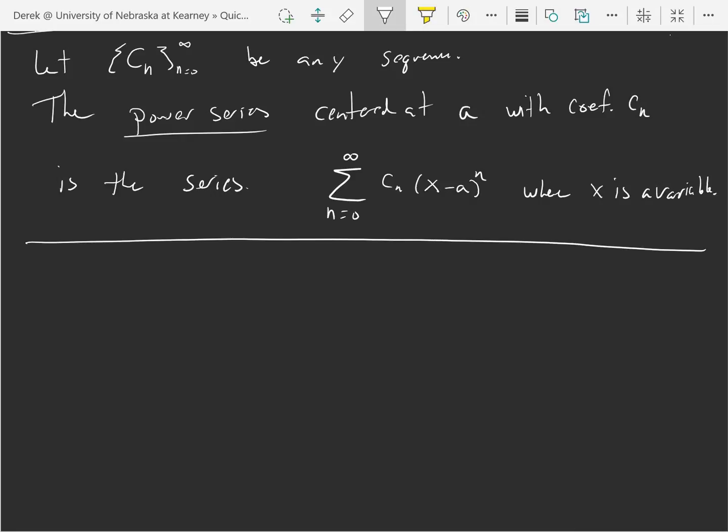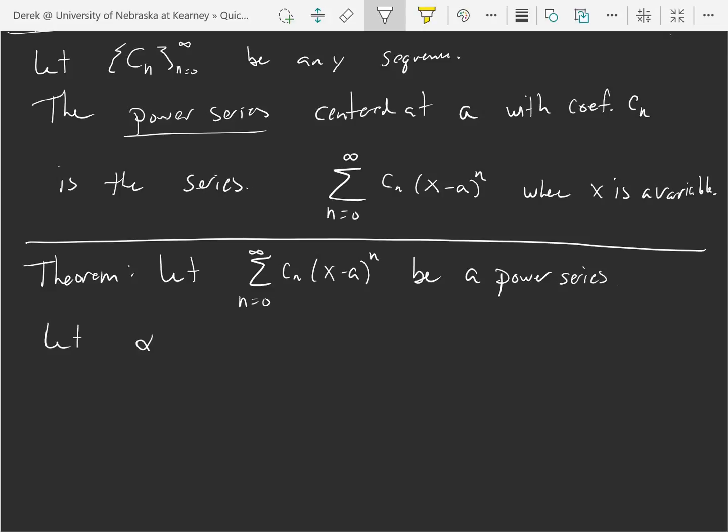So our first theorem. Let the sum from n equals 0 to infinity, c sub n, x minus a to the n, be a power series. I didn't specify that it was centered at a, but because of how it's written, it's centered at a, and the coefficients are c sub n.